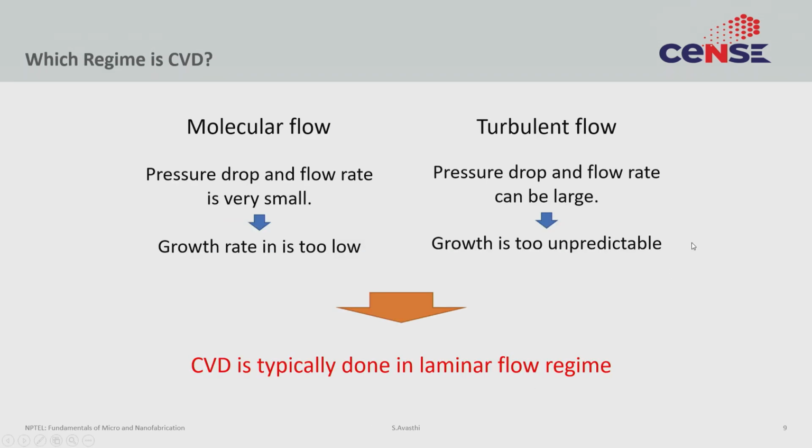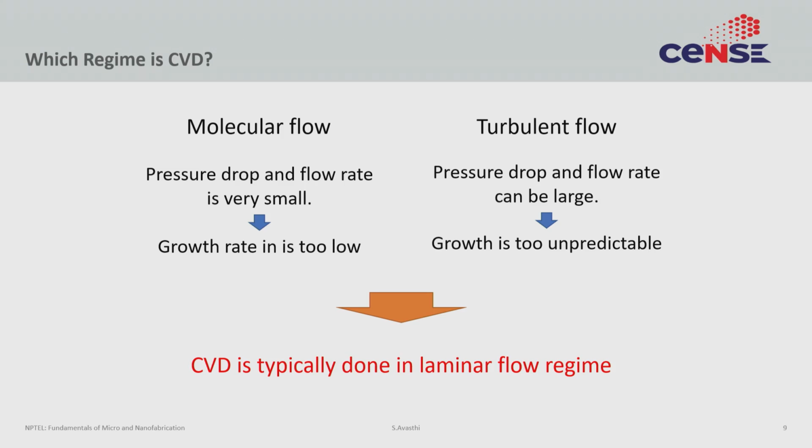Now, the reason the CVD regime tries to remain in the laminar flow is highlighted in this slide. So, if you are in the molecular flow regime, typically your density is very low, your pressure drop and flow rates are very small, which means your growth rates are very small, which is impractical and you do not want to do that.